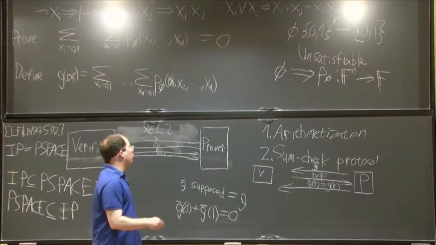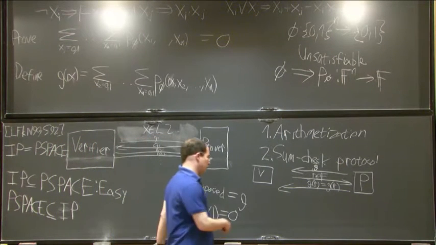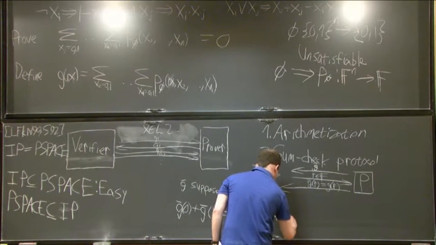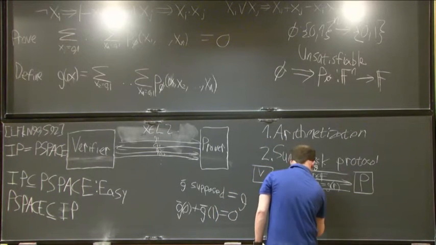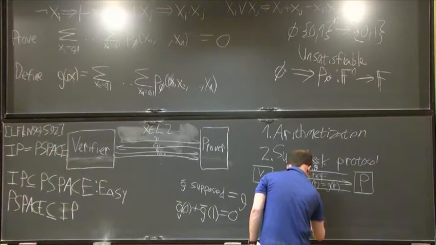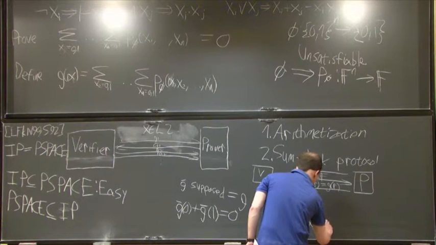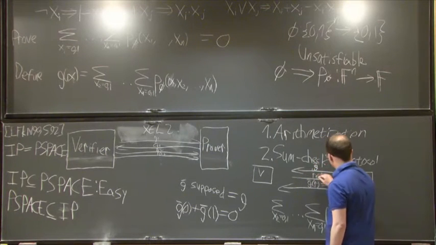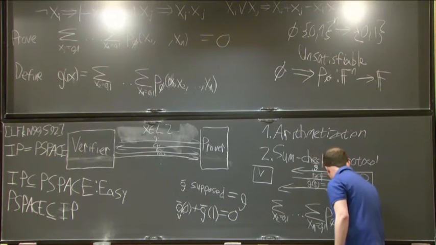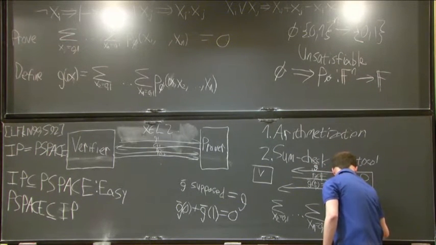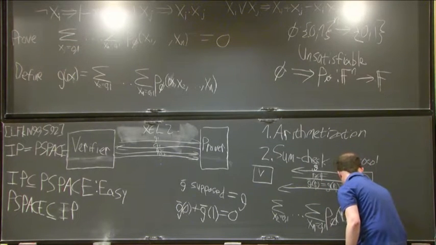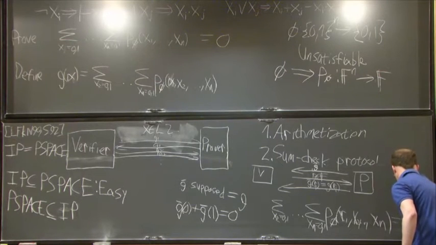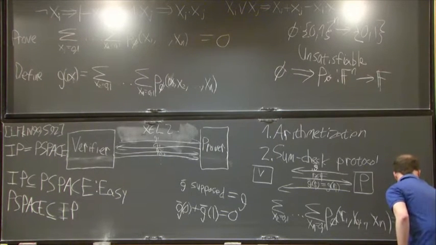In other words, the prover is supposed to prove that this sum, x2 goes from 0 to 1, up to xn 0 to 1, of p sub phi, with the random value, let's call it r1, is now equal to some value v1, which is g bar of r1.